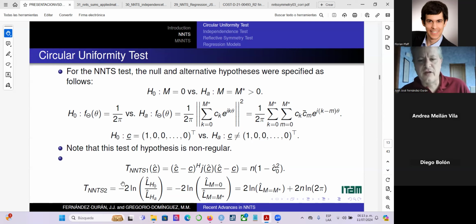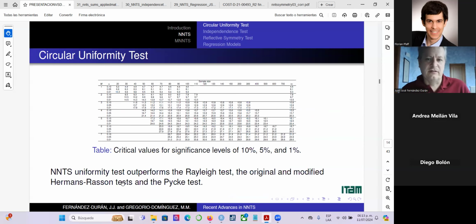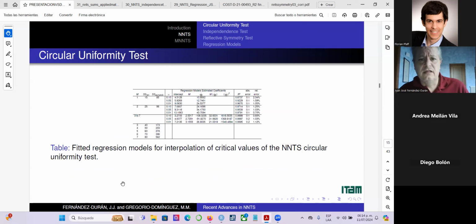And the likelihood ratio is very easy to calculate, but again, it is a non-regular case, and the critical values were obtained by simulation and then interpolated, similar to what is done in econometric tests, taking regressions of the critical value against the value of m, the reciprocal sample size, the square of the reciprocal sample size, and the interaction term of m and the reciprocal sample size.